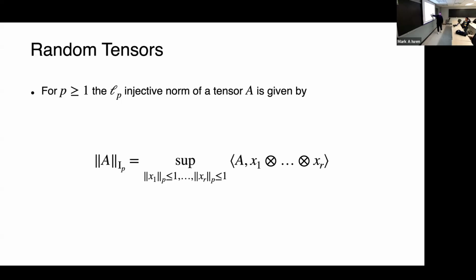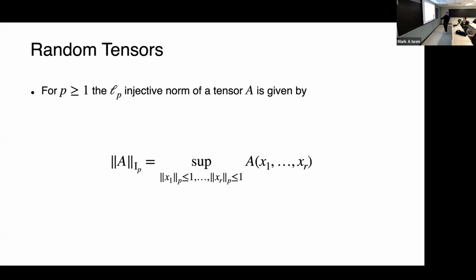We take the set of x_1 through x_r that induces the largest inner product with A in this way. To recollect, this inner product is defined as follows. Very natural, generalizing the matrix case. For notational simplicity, I like to write it like this: it's a multilinear map from the appropriate spaces to the reals.